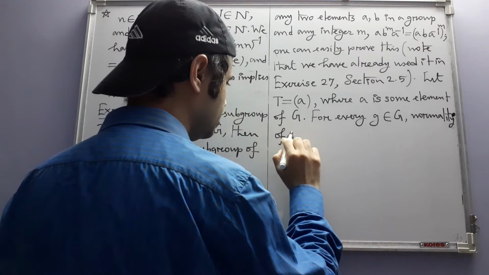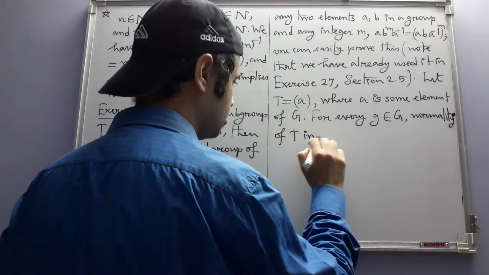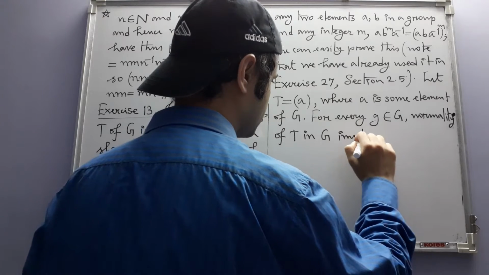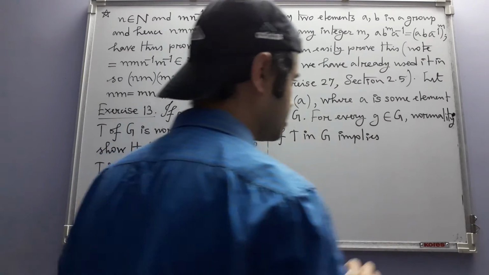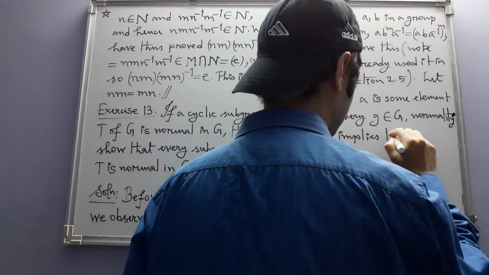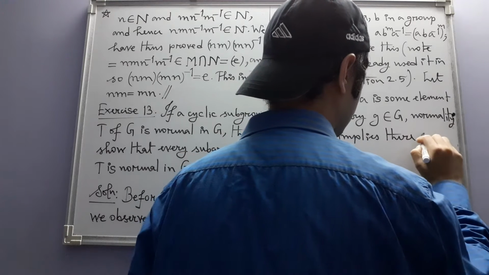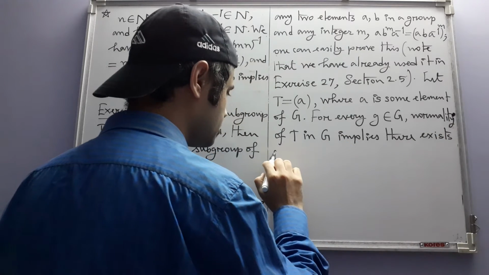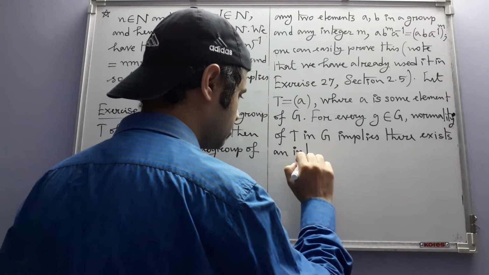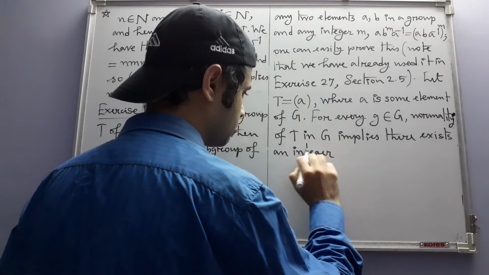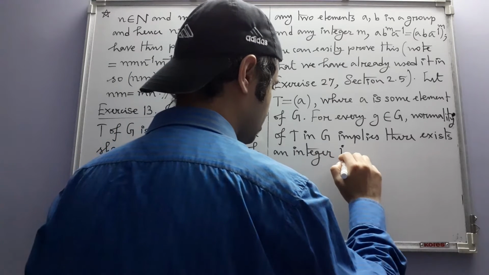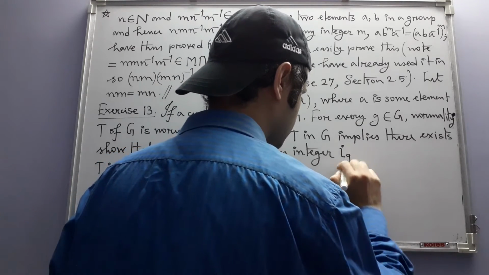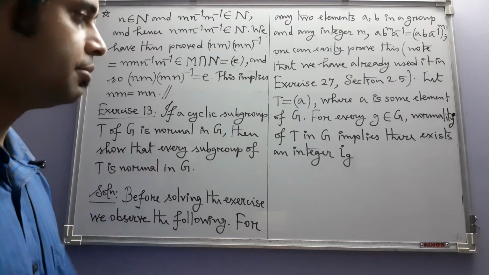normality of T in G implies there exists an integer i suffix g.